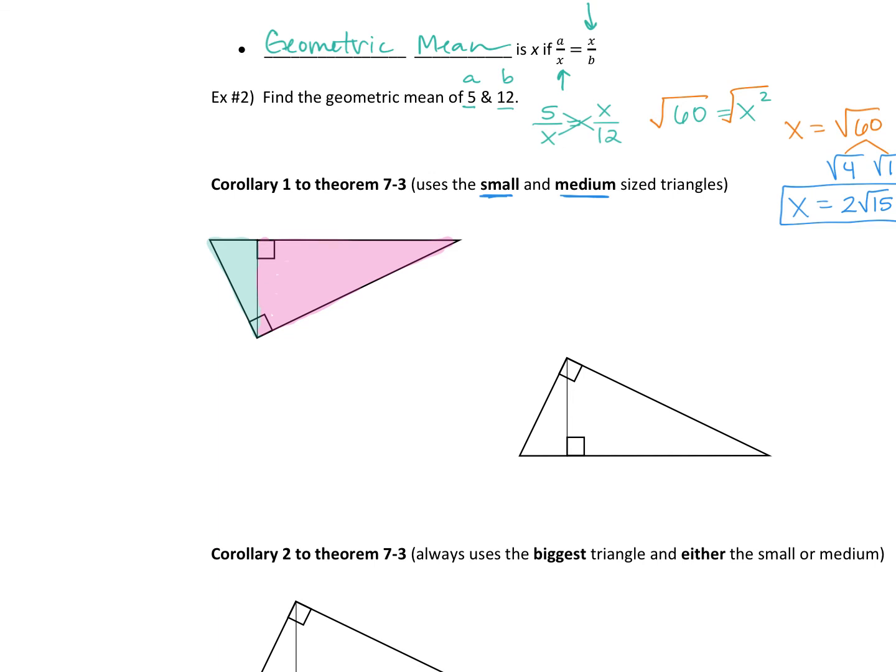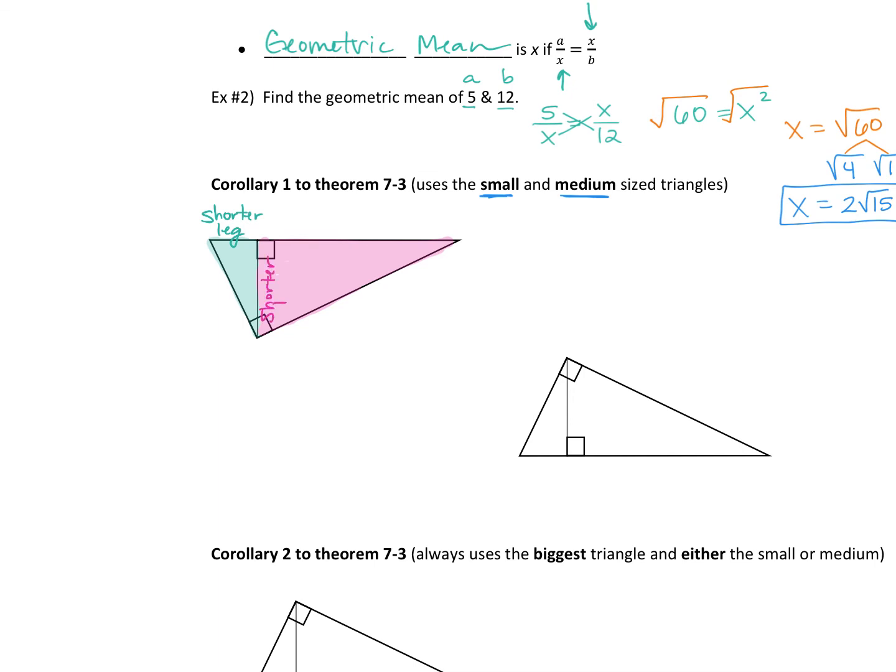Good enough. So in this setup, can you tell me, actually I don't have it labeled. I'm just going to tell you. This is the shorter leg of that blue triangle, right? What is the shorter leg of the pink triangle? It's the altitude, right? It's this one.